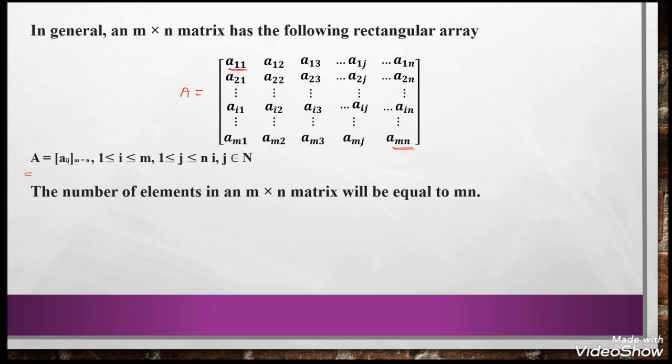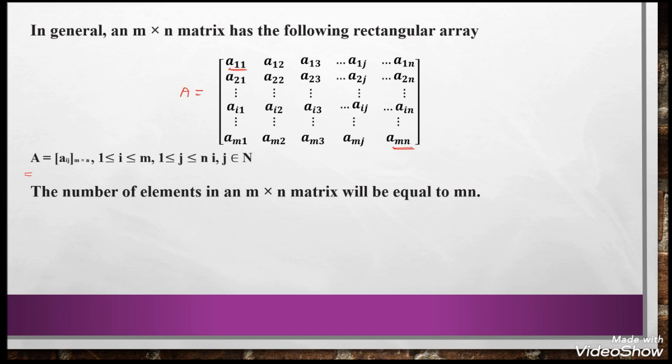1 is always less than or equal to i, and i is less than or equal to m. It means the row number always lies between 1 and m, equal to 1, equal to m, or in between.